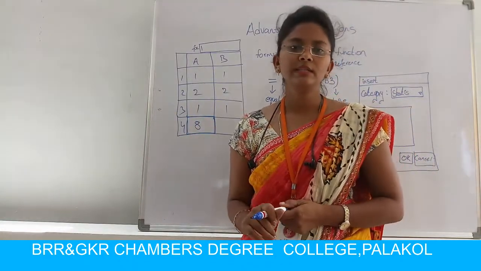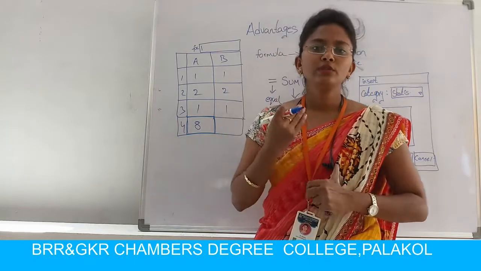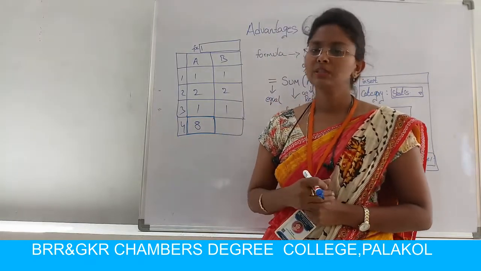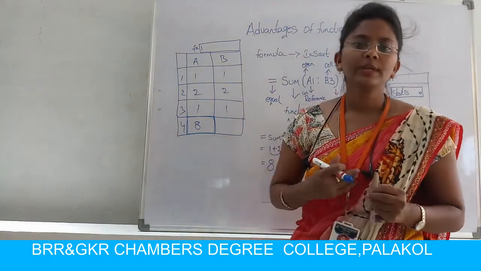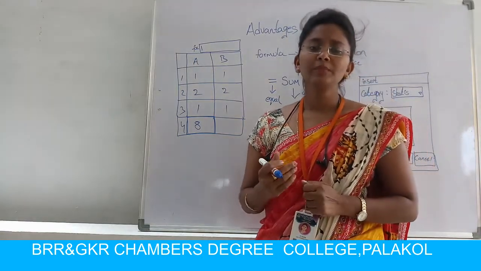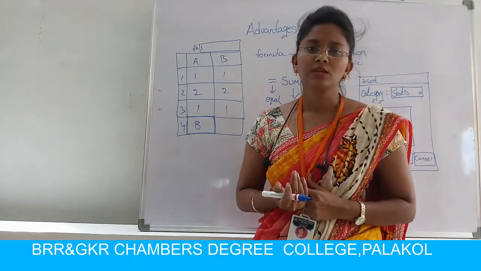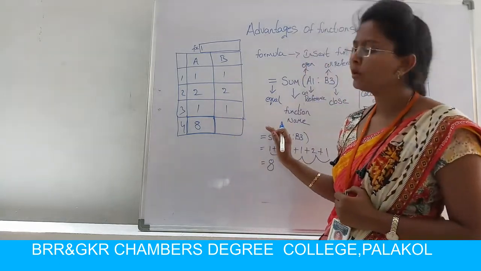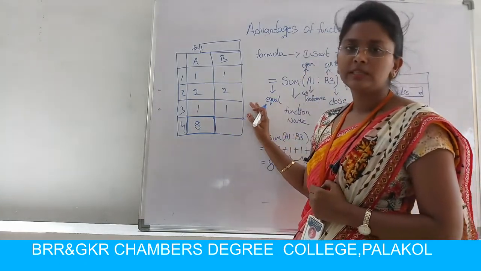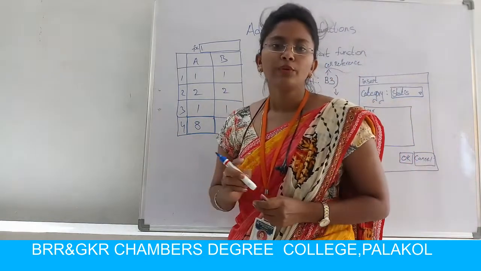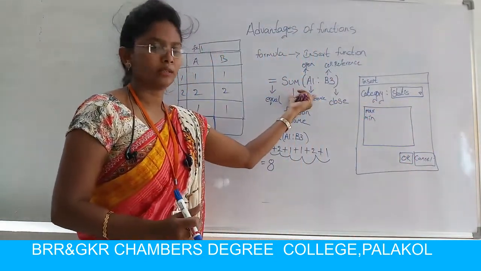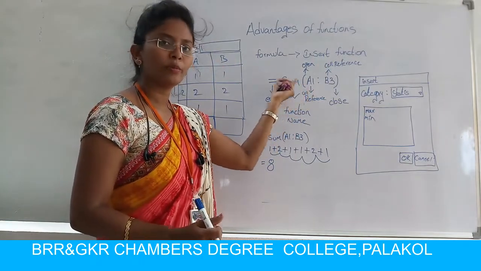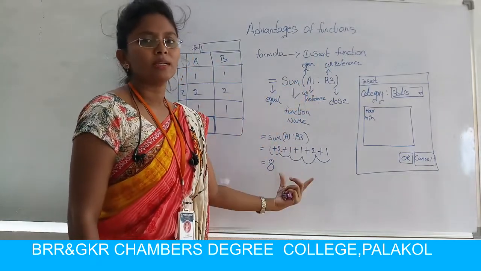By using these functions, we can calculate the data very easily. If you are not using functions in the Excel sheet, we have to calculate one by one. It will take a long time, and maybe the answer will also be wrong, but the system won't be wrong. It will calculate very easily by using the formula. What we have to do is enter the formula correctly. Then according to this formula and the data, we get the answer.